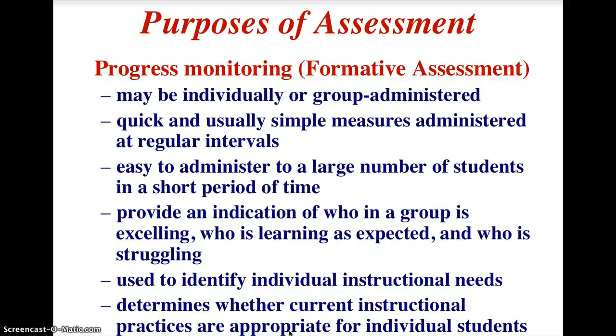The end of the year would be more summative, which is what we're going to talk about next. This is to help us see the progress that students are making. Typically, we'll give a CBM every couple of weeks or even more frequently than that sometimes.